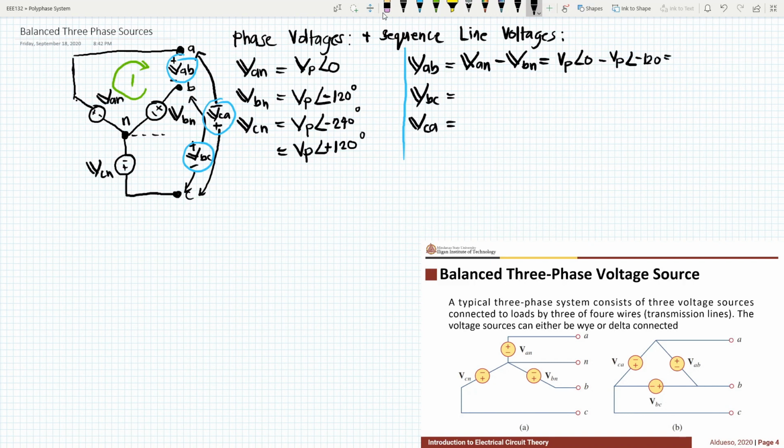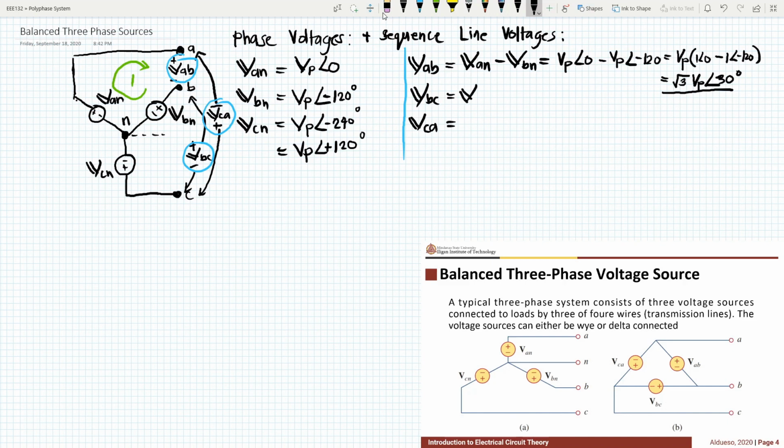If you factor out VP here, then we have 1 angle 0 minus 1 angle negative 120. This is equivalent to square root of 3 VP angle 30 degrees. Now if we solve for VBC, it's similar to solving VAB.